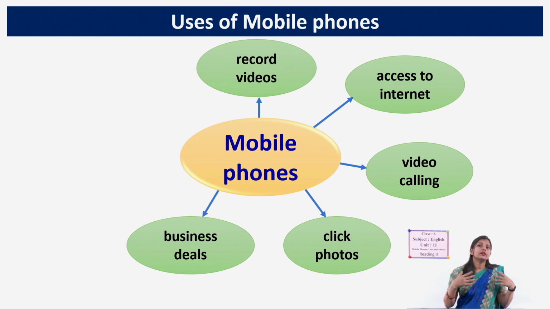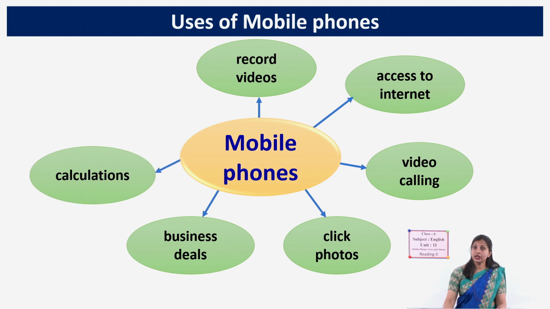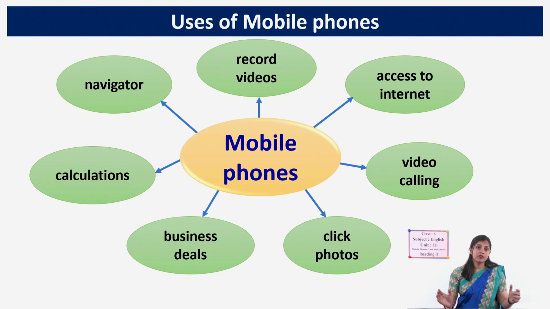Calculations, you do not need a calculator anymore. You just unlock your mobile phone and calculate any sort of calculations. Navigator, it has the navigator also. When we do not know the direction, places, we just use this function and we are on the target, isn't it?